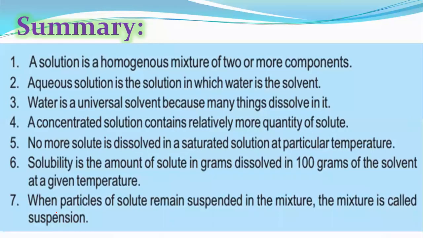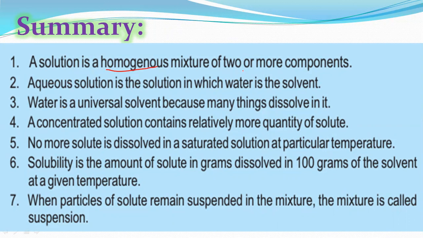My dear students, with this topic, we have completed our chapter number 7 and our first term, Alhamdulillah. Now just take a look at this chapter number 7, for a review. In this chapter we studied homogeneous and heterogeneous mixtures.